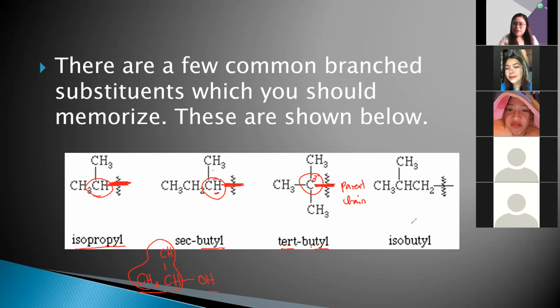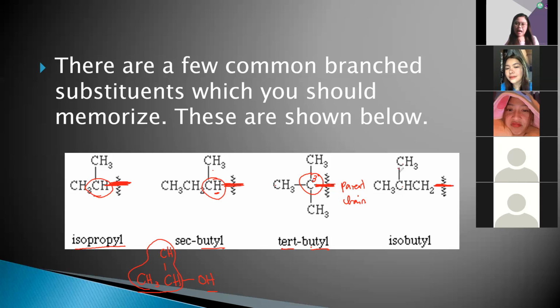And then we have the isobutyl. Butyl again kasi 4 na carbons pero the bonding takes place here sa center. I mean, not really the center, but and the last one, dito siya nakaband, isobutyl.